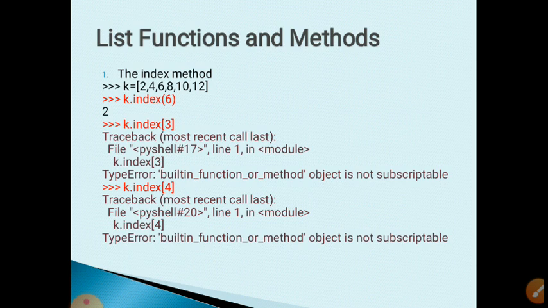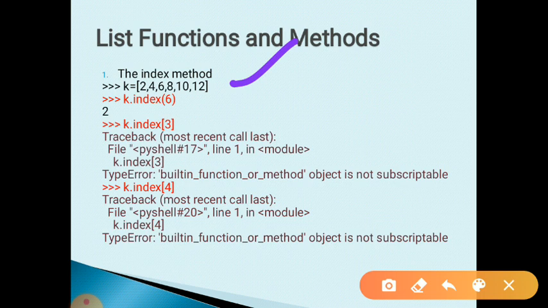So what's the syntax? Suppose I create one list k and give it different values. I want to access only the index of the element 6.